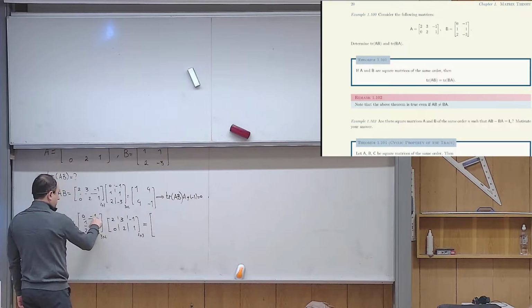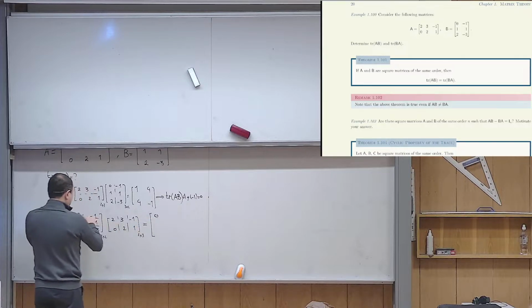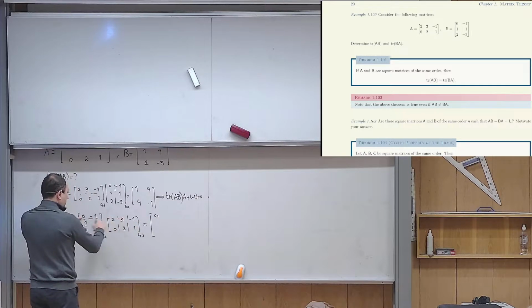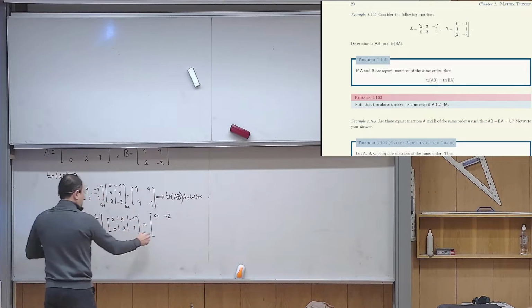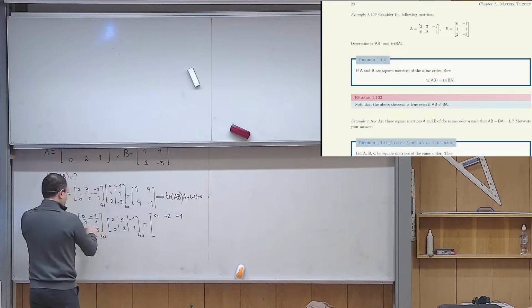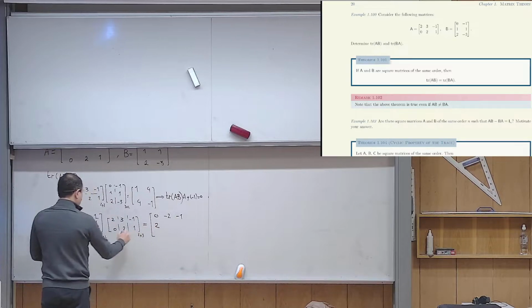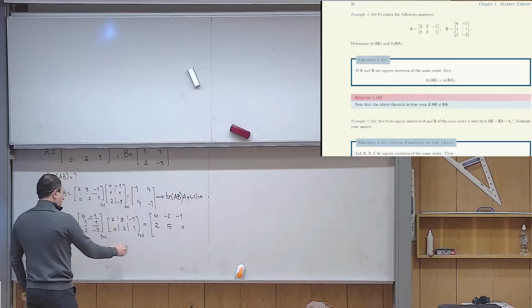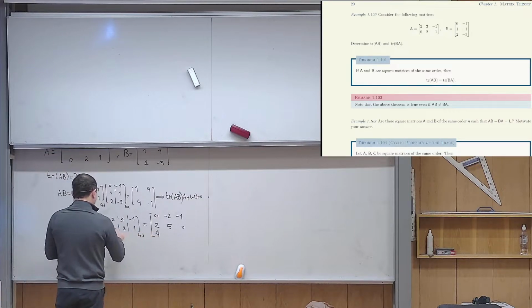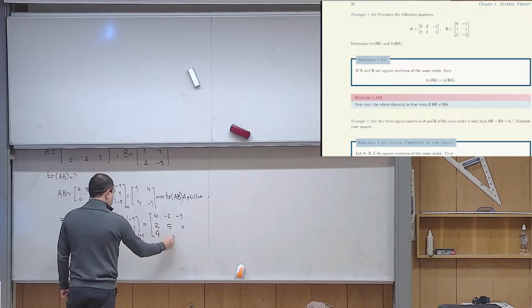So this row by that column, 0, 0 is 0. This row by that column, 0, minus 2. This one by that one is minus 1. And then this one becomes 2. This one becomes 5. This one becomes 0. And then I have 4. And then I have 6, minus 6, 0.